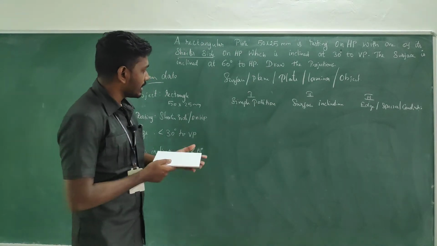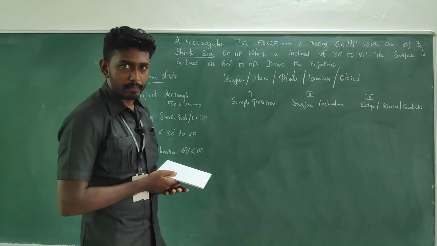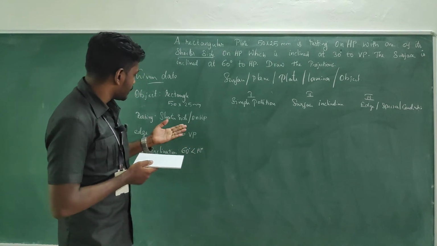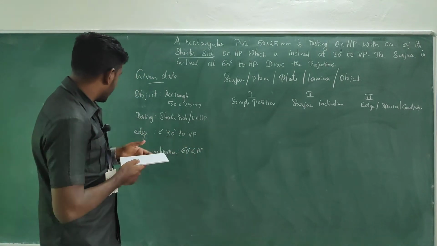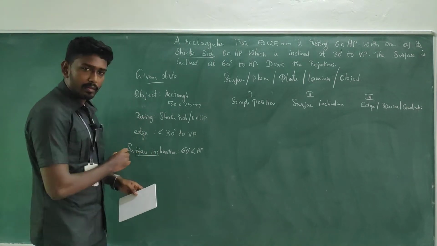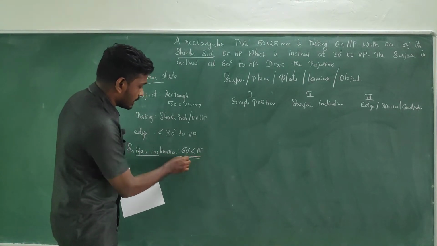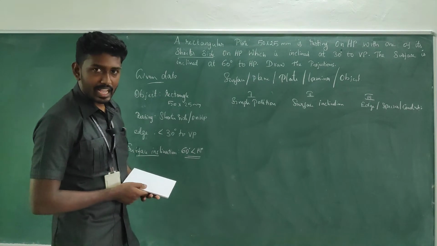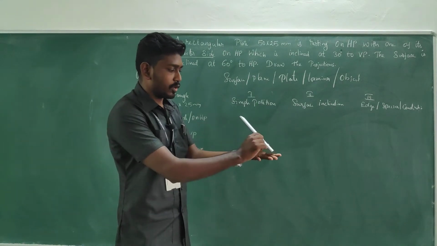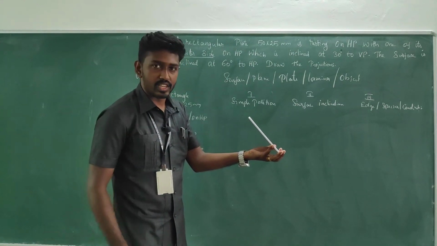Okay. So as far as this condition is concerned, first in the simple position, always see the simple position purely based on the surface inclination. Here look at this, the surface is inclined to HP, something like this, to 60 degree, right?